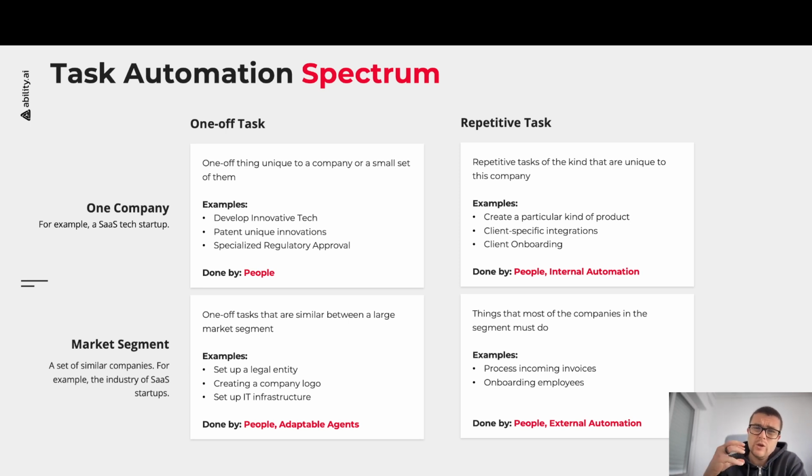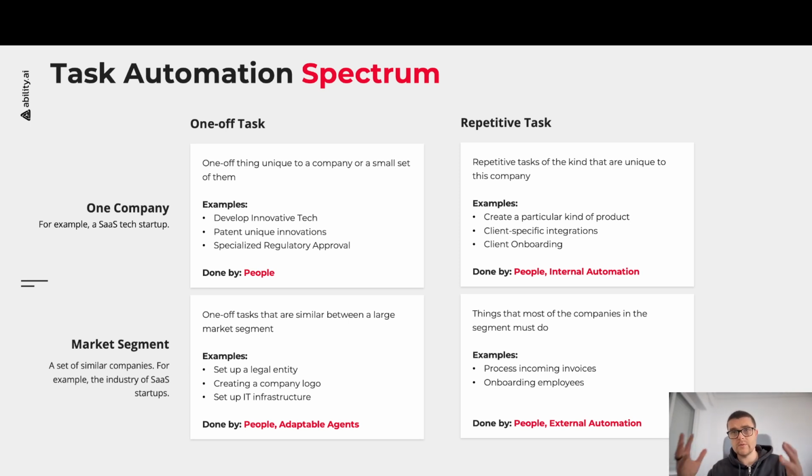So it's kind of unique. It's different from the way other people do that, but still, it's a repetitive thing. And usually, it's solved with the use of internal automation tools. Maybe you can come up with better examples than I had, but I guess the idea still stands. It's whatever repetitive tasks you can think of that the company is doing that are unique to this company, that are differentiating it from the market.